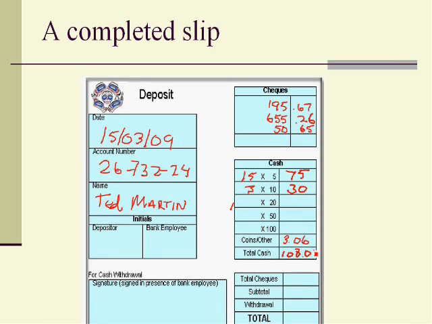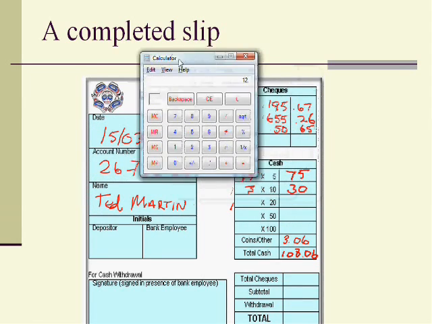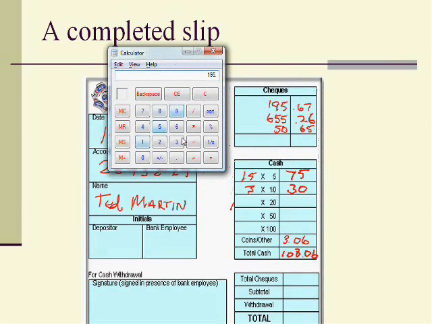So I have 195.67 plus 655.26 plus 50.65 equals $901.58.